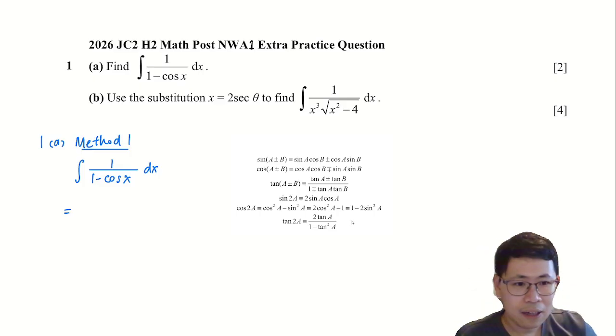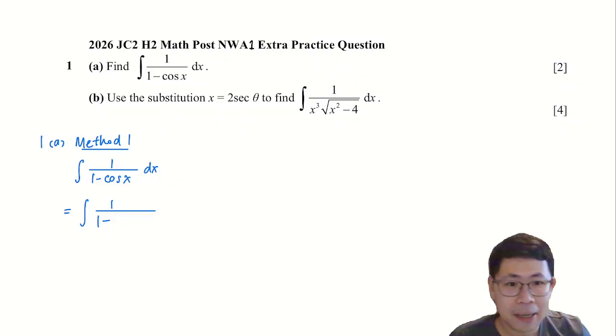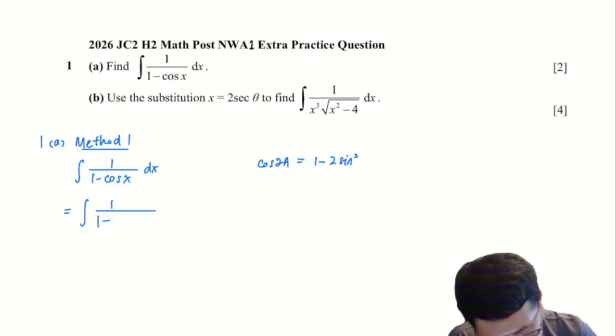So without further ado, we will rewrite this as 1 minus, applying the double angle formula. Cosine 2a would be equals to 1 minus 2 sine square a.